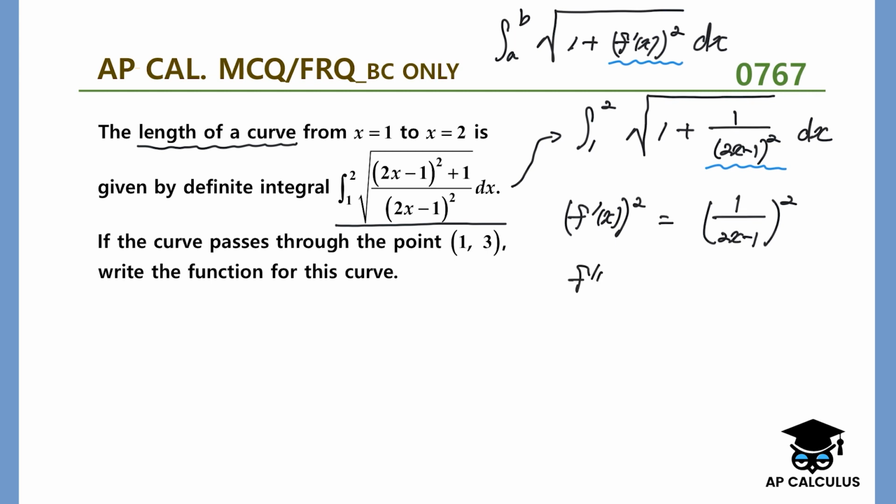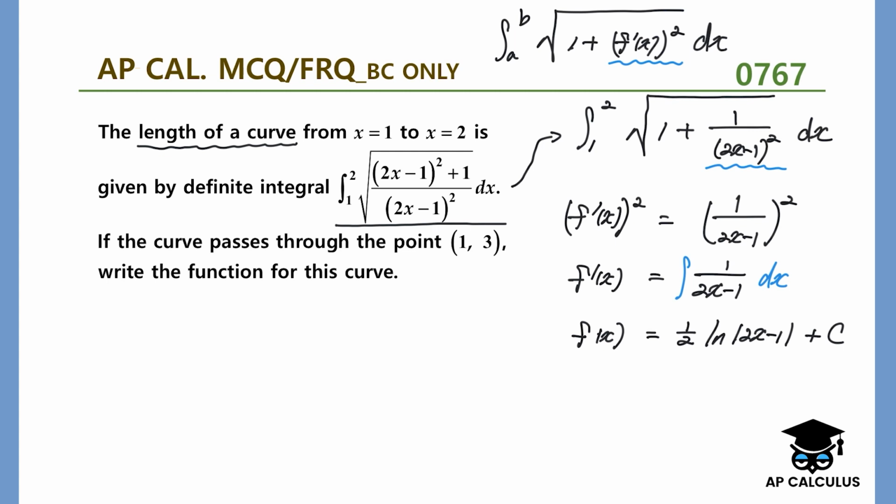So f prime of x is equal to 1 over 2x minus 1. Let's find f. f of x is equal to, we actually have to find the antiderivative of this, right? So that's going to be equal to natural log of 2x minus 1 times 1/2, with a C, right? That's our antiderivative of 1 over 2x minus 1.